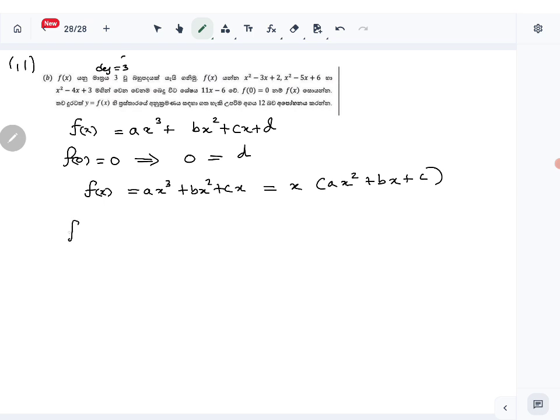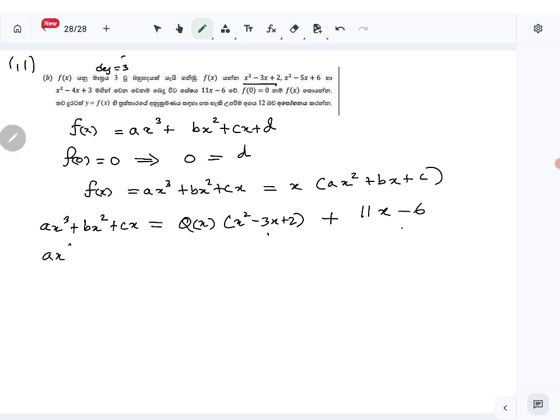So f(x), that is ax cubed plus bx squared plus cx, when it is divided by x squared minus 3x plus 2, the remainder is 11x minus 6. This is using the division algorithm: quotient into divisor plus remainder is equal to the function.